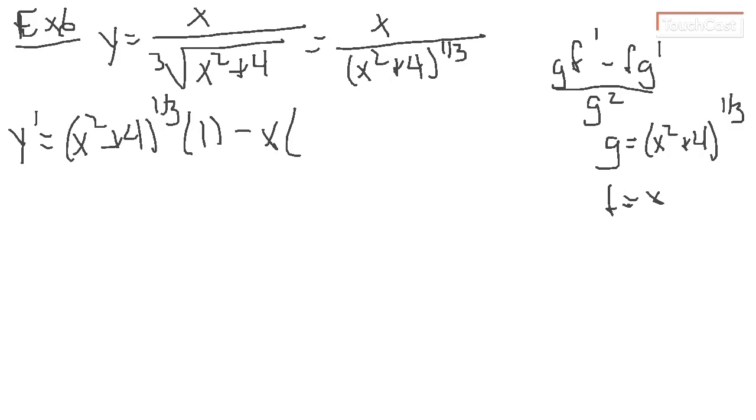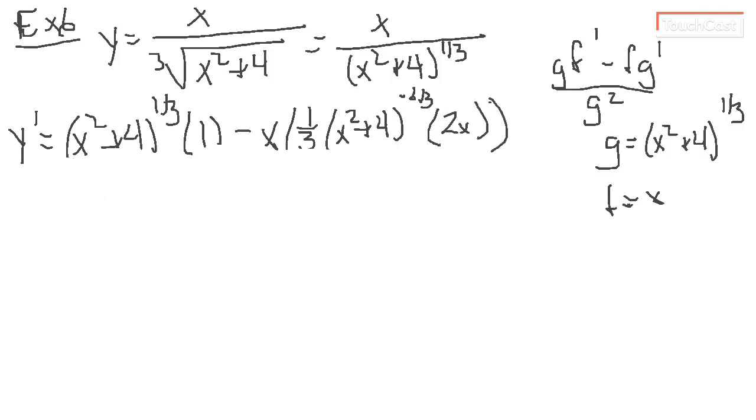So that's going to be 1/3 times x squared plus 4 to the negative 2/3 times, we have to use the chain rule when we're taking the derivative of g, 2x.